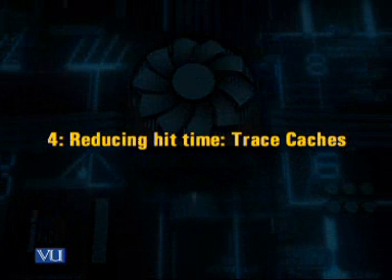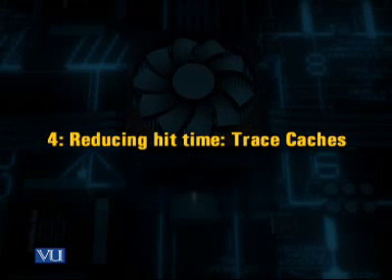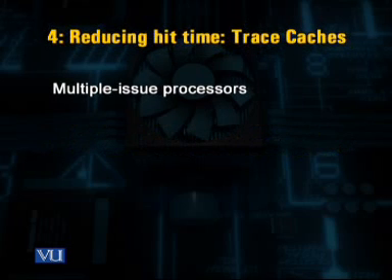Now let us talk about the fourth method to reduce the hit time. This fourth method is basically using trace caches. A challenge in multiple issue processors is to supply enough instructions every cycle without dependencies.